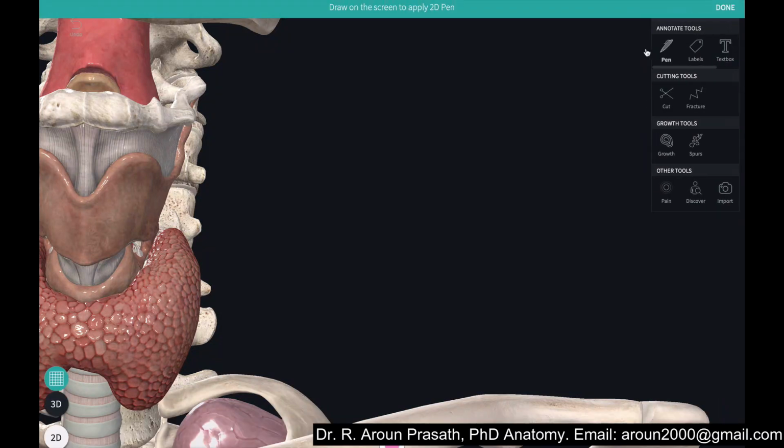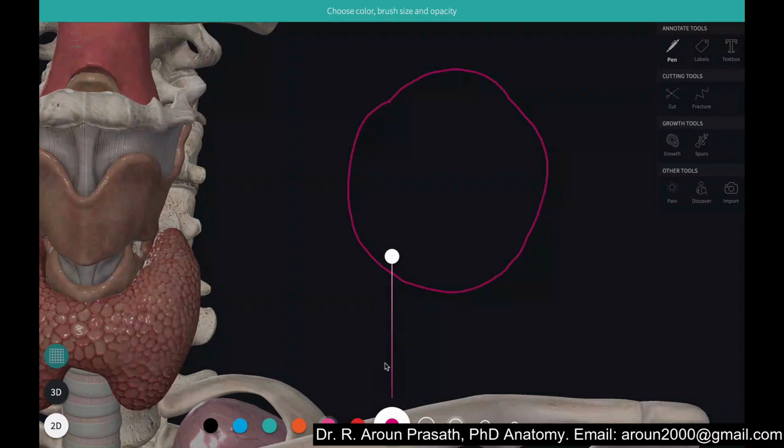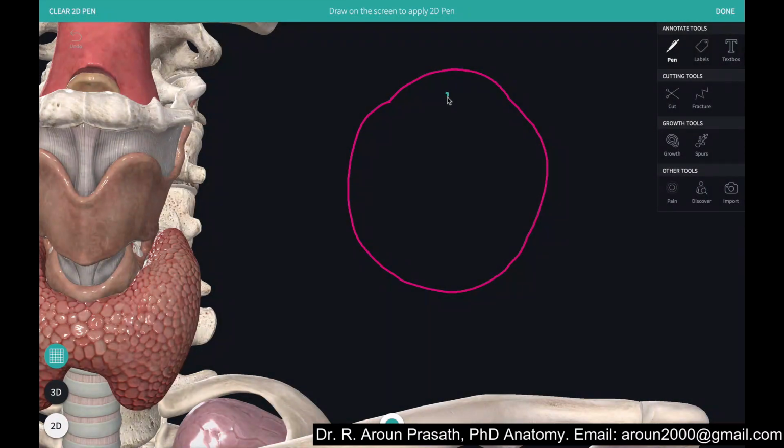If you cut the cross section of the neck, this is the investing layer of the deep fascia of the neck below the platysma muscle. Then you have the vertebra, and here you have the trachea.